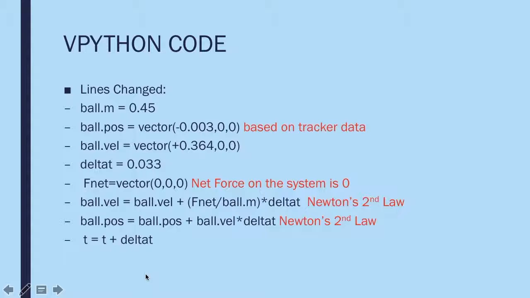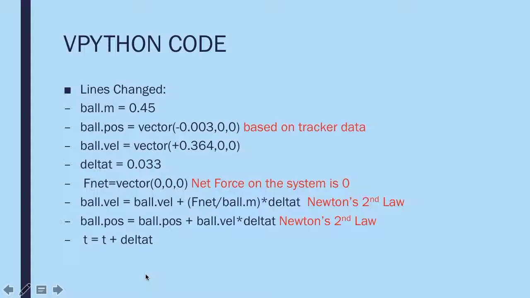These are the lines that I changed in my VPython code. I took account for the mass of the soccer ball, the position of the ball, the velocity of the ball, using the initial position, of course, and then the initial calculated velocity. And then I changed delta t to 0.033 seconds, just for the sake of keeping things consistent.